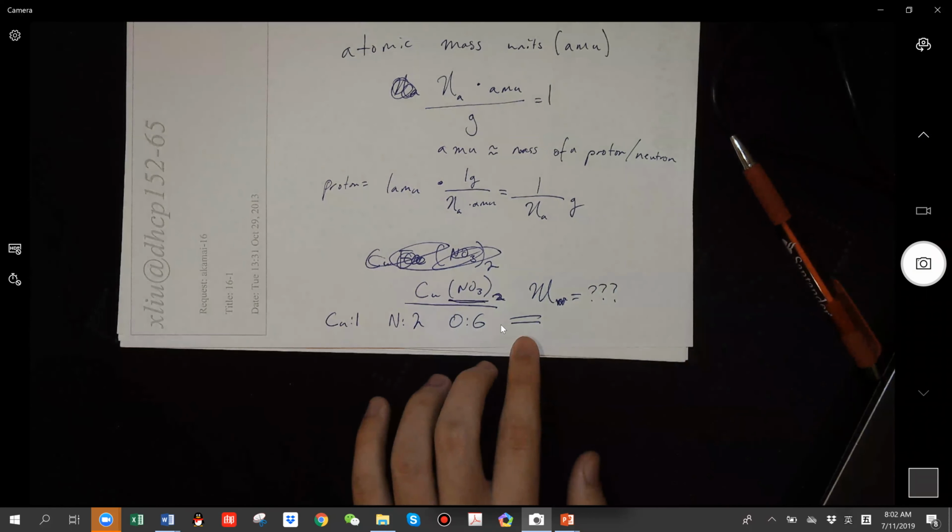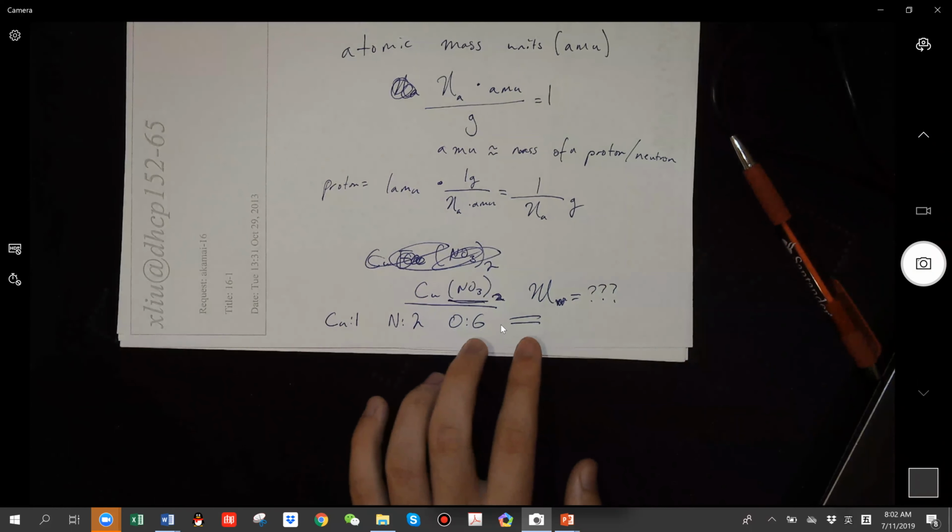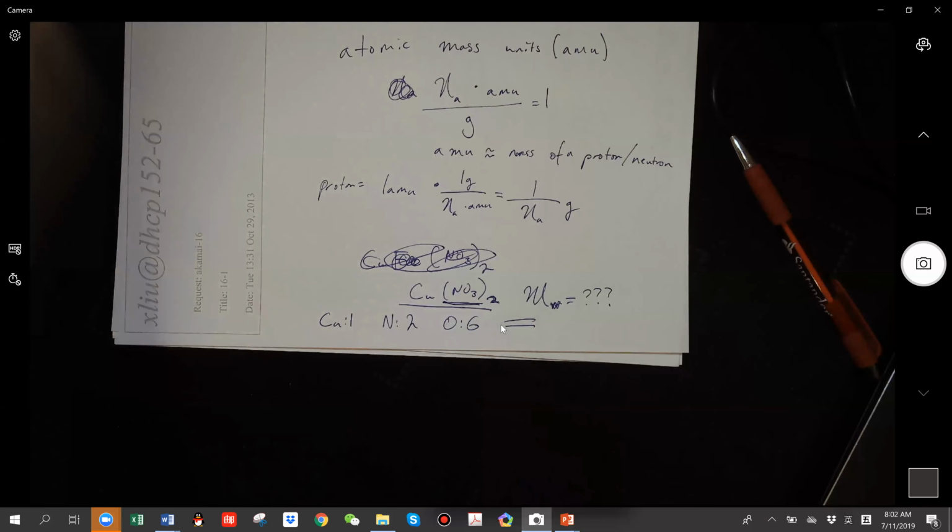So look at your periodic table. Or if you don't have one, you can just use mine.